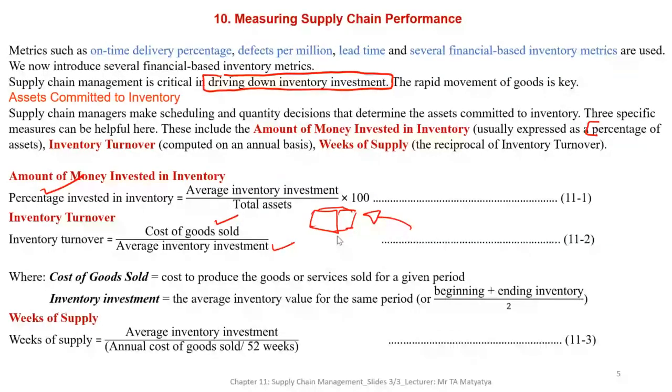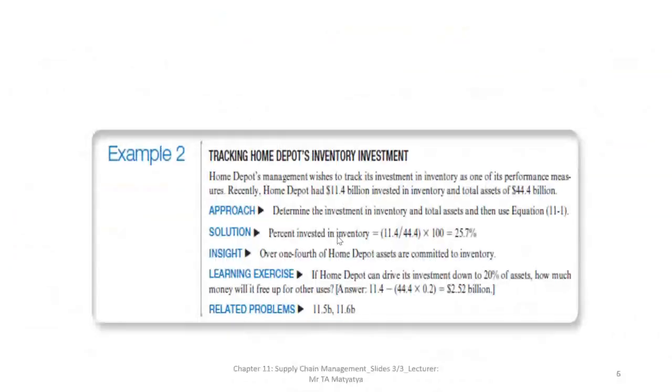Inventory investment is the average inventory value of the same period, which sometimes you are forced to say is the beginning inventory investment plus the ending inventory investment over 2. Weeks of supply is your average inventory investment over your annual cost of goods sold divided by 52 weeks. These formulas are very important for our next exercise.